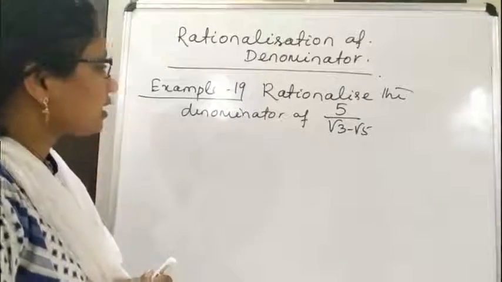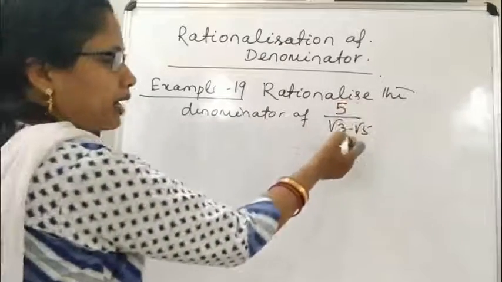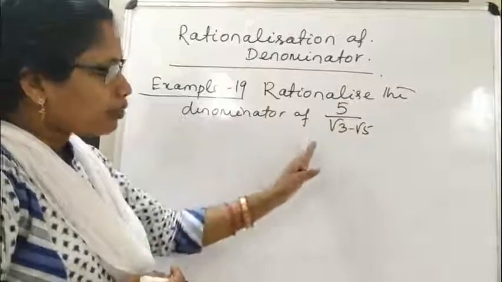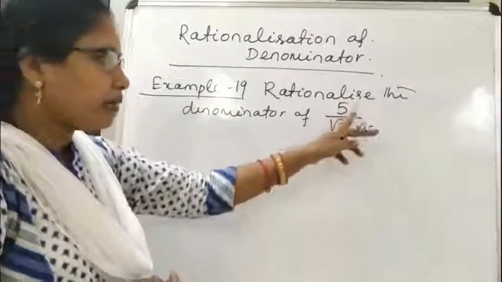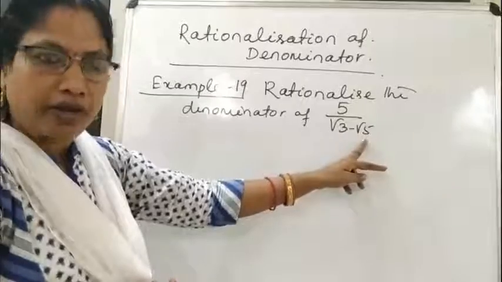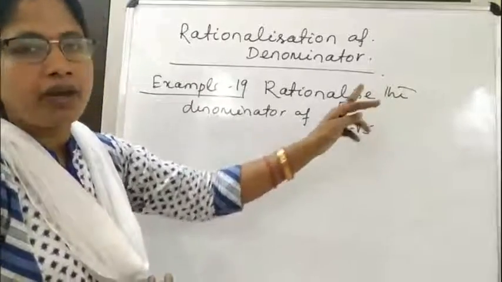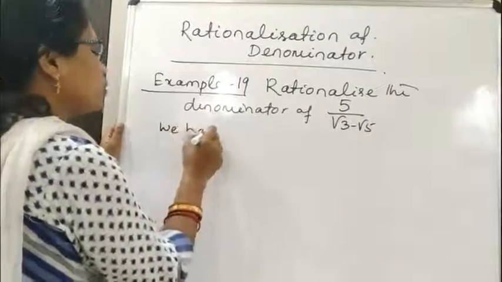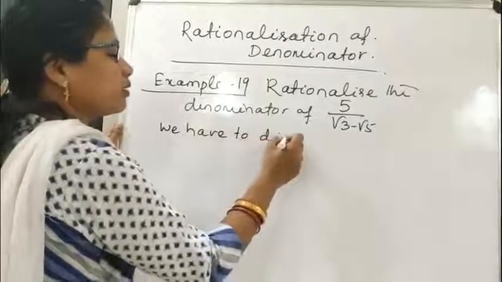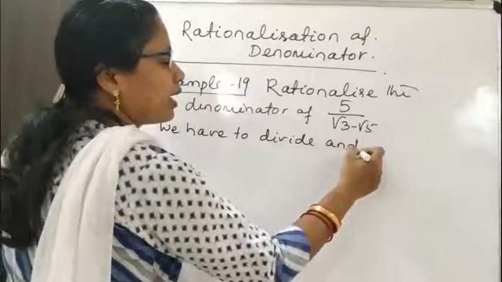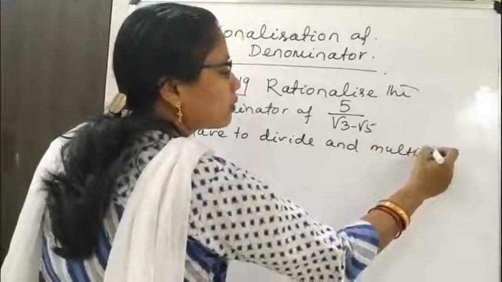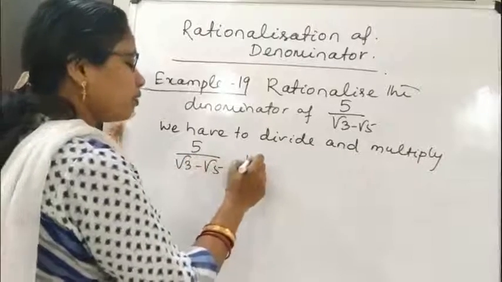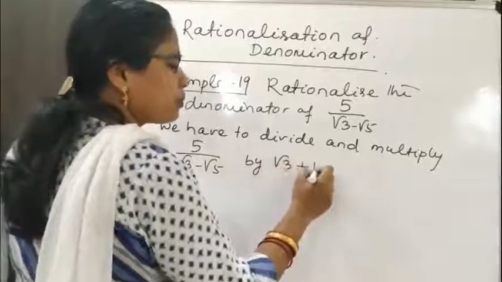Next example, rationalize the denominator of 5 by root 3 minus root 5. Here also we shall use the identity and we have to multiply and divide 5 by root 3 minus root 5 by root 3 plus root 5.